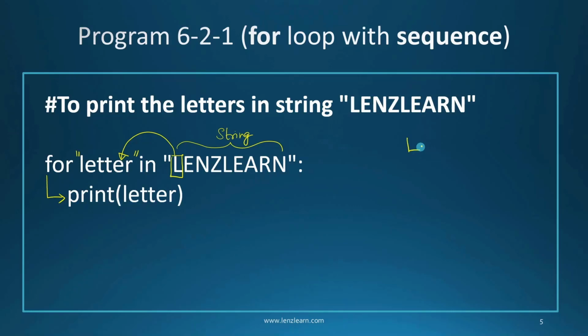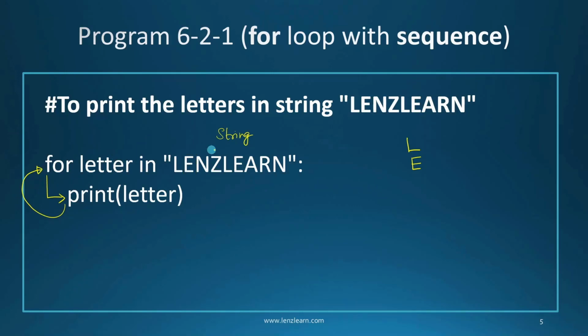So in the output, capital L will be printed. Now the control will again go back to for. That is why we call it a looping construct. Next time, for will select the next character, which is E, and it will be loaded into letter, right? Now inside the for loop it will print the value of letter, so in the next line I will print E. Then control will again go to the for loop.